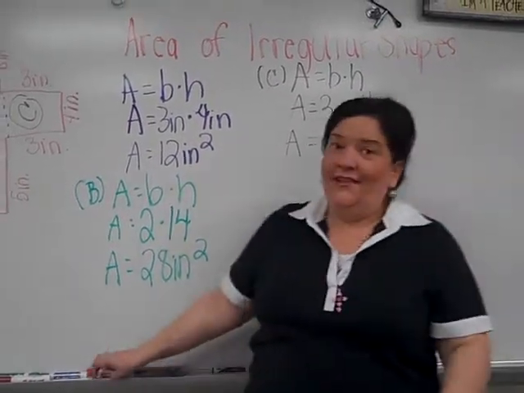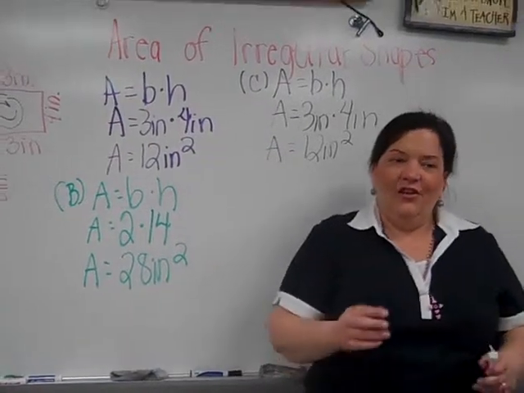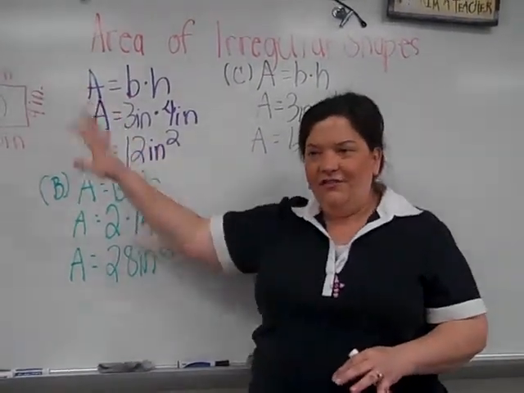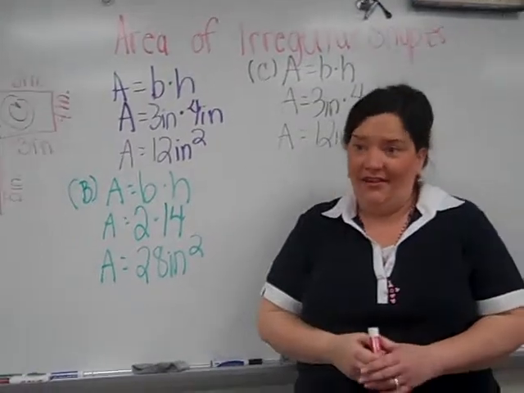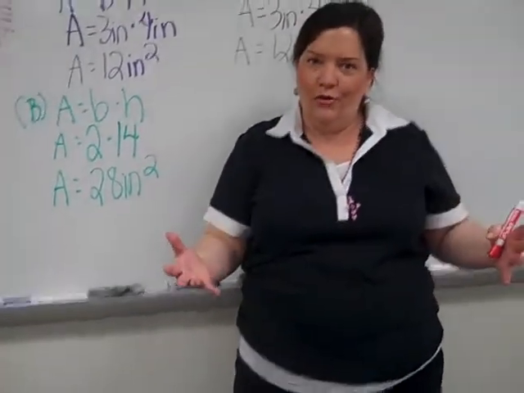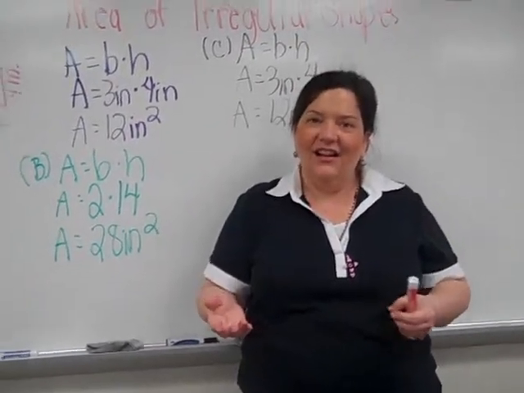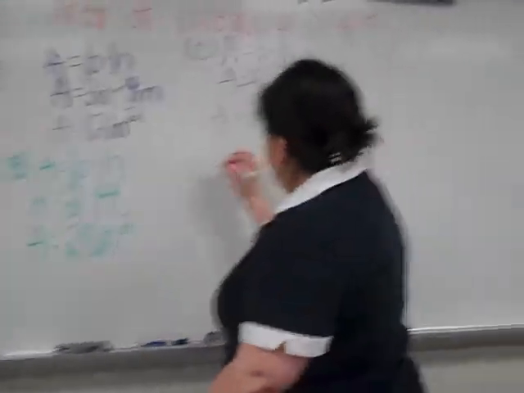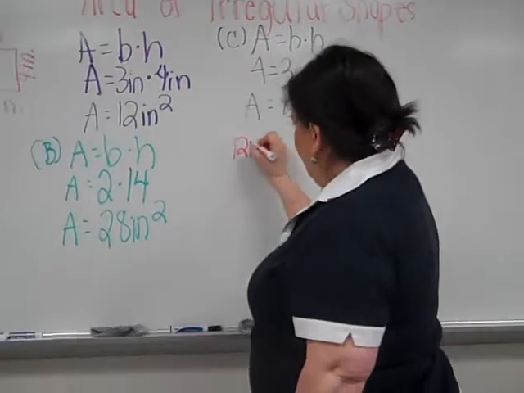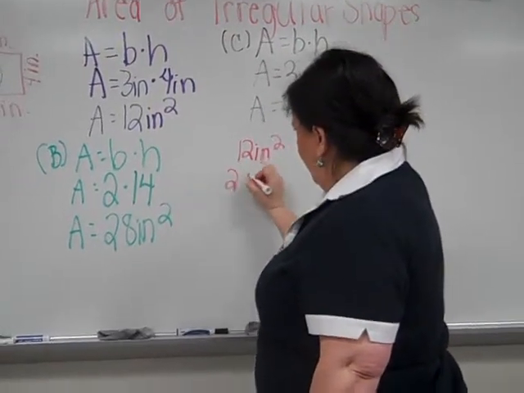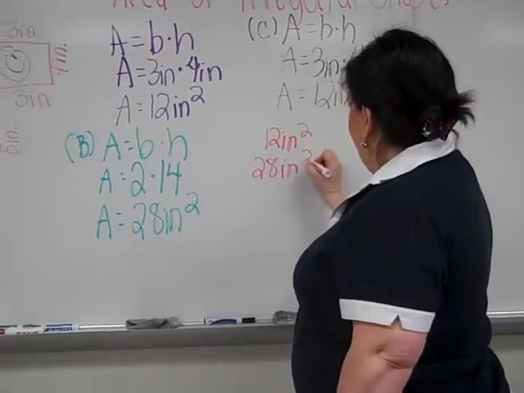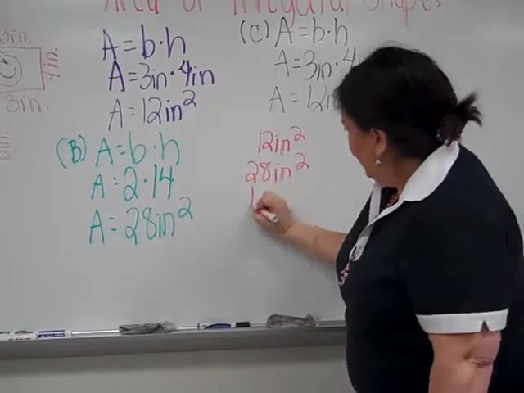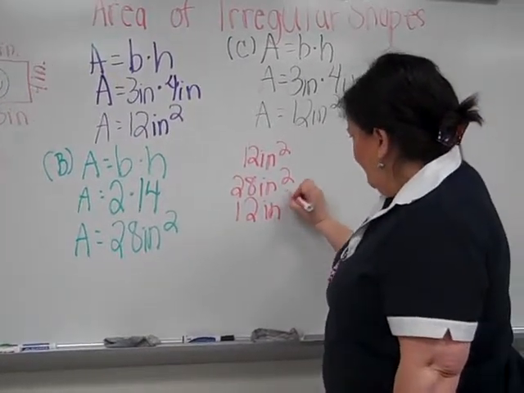Now, we're not quite done yet. We have to add each of the shape's areas together, and that will be the total area of our cross or irregular shape. So shape A is 12 inches squared, shape B is 28 inches squared, and then shape C is 12 inches squared.